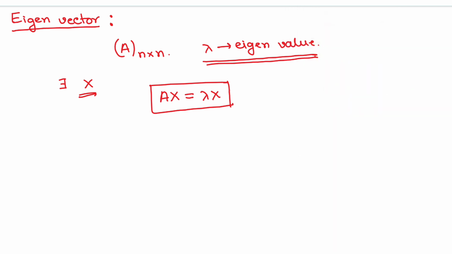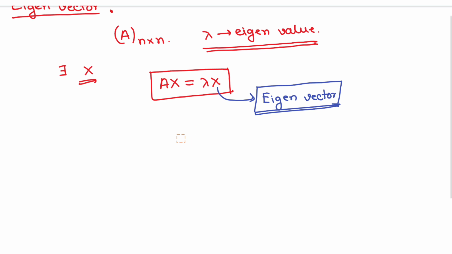And this vector X is called the eigenvector. The value of an eigenvector is totally depending on the value of the eigenvalue.